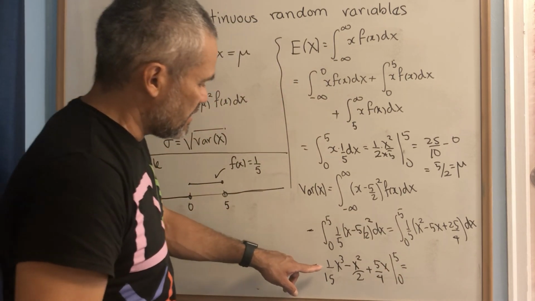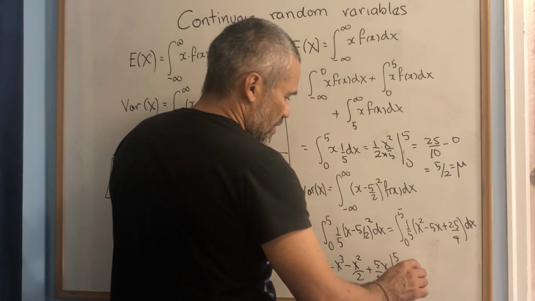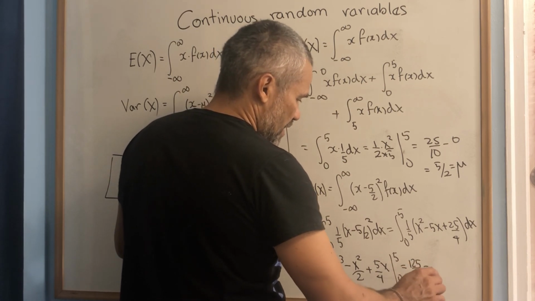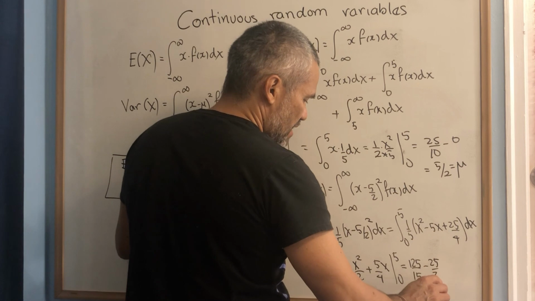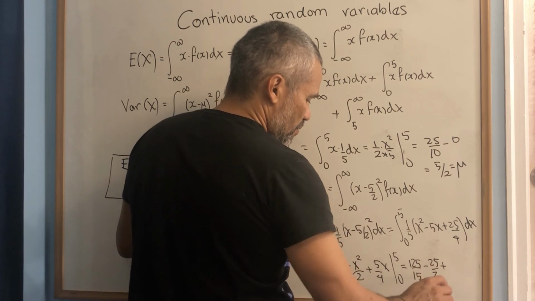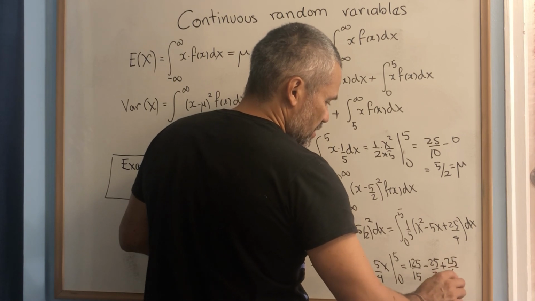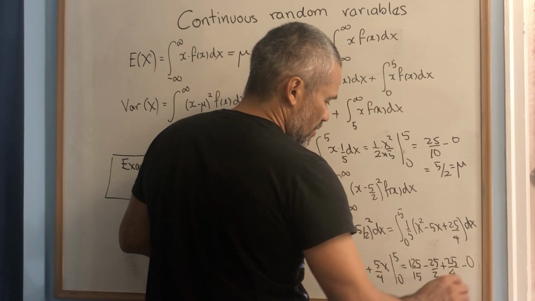And then I end up with 125/15 minus 25/2 plus 25/4, minus 0.